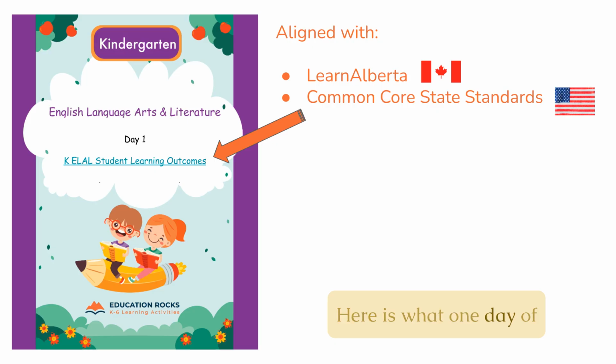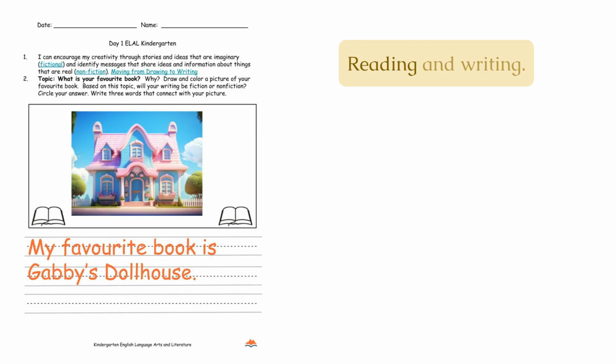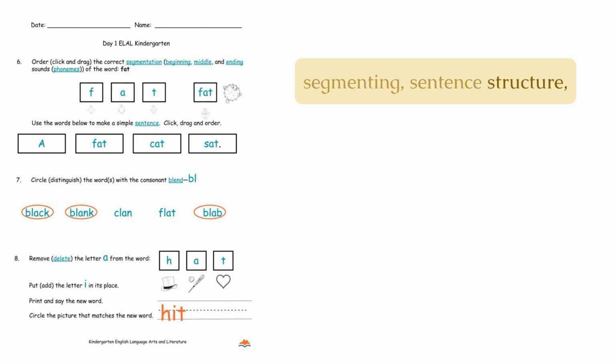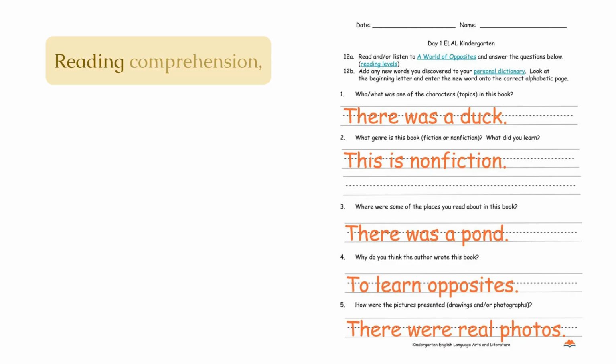Here is what one day of kindergarten ELA full curriculum looks like. Reading and writing. New words, personal connections, phonemes, poetry, and rhyming words. Segmenting, sentence structure, consonant blends, and word morphology. Reading comprehension, reading strategies, and dictionary skills.